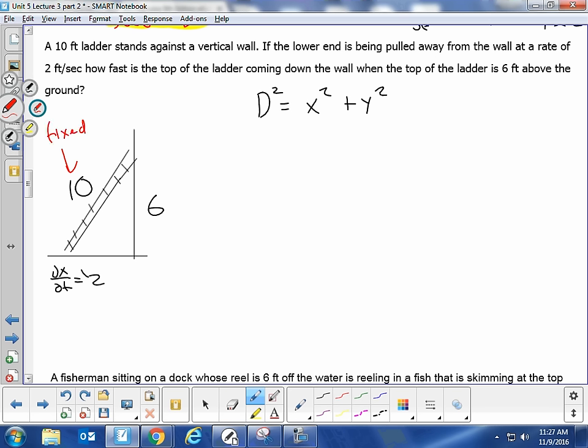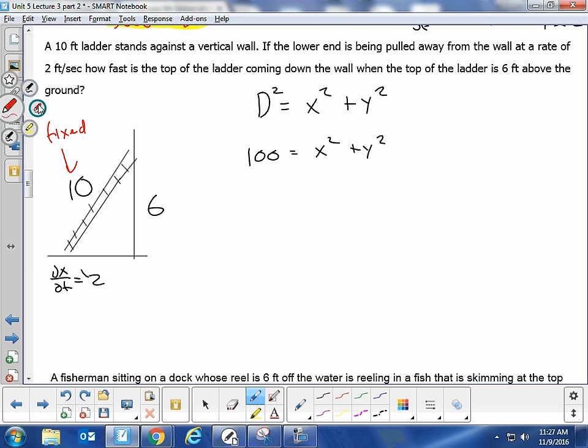Number one important thing, once you understand the situation and what it looks like, is to understand that the ladder is not going to change. The length of the ladder will always be 10. So I plug in and I get 100 equals x squared plus y squared.